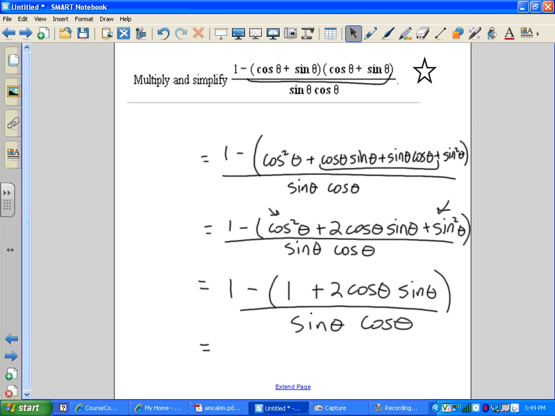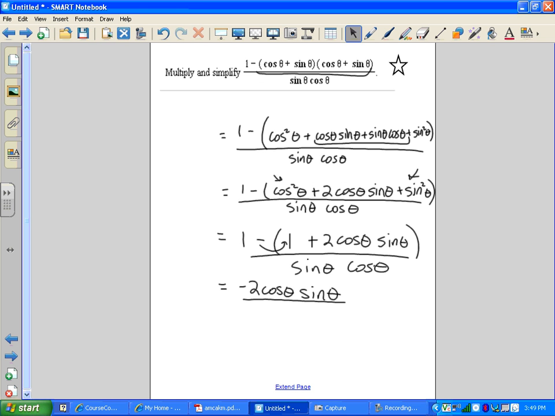When I distribute the negative sign, I get 1 minus 1, so that's just going to go away. And then this would be minus 2 cosine theta sine theta, so that ends up being negative 2 cosine theta sine theta, because the 1s would go away, over sine theta cosine theta. Now you should kind of realize something nice would happen there.